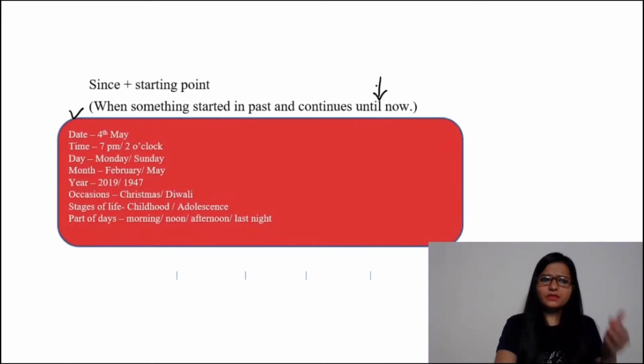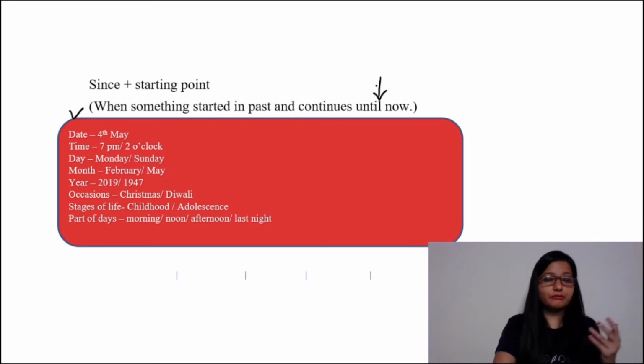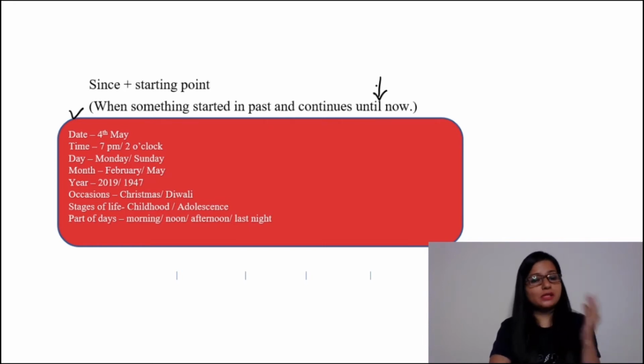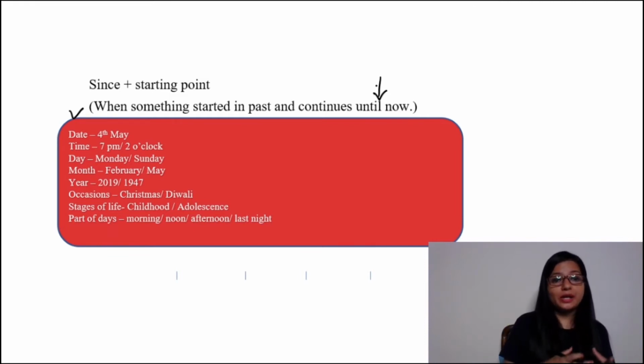Now we have some tips to remember where to use since. Whenever you have a date, like 4th May, 15th August, you have to use since before that. Let's say for example, I have been waiting for his approval since 4th May 2020.